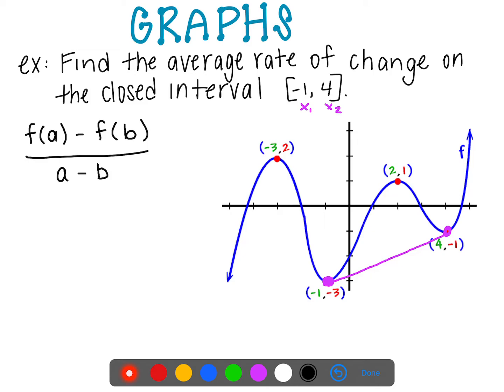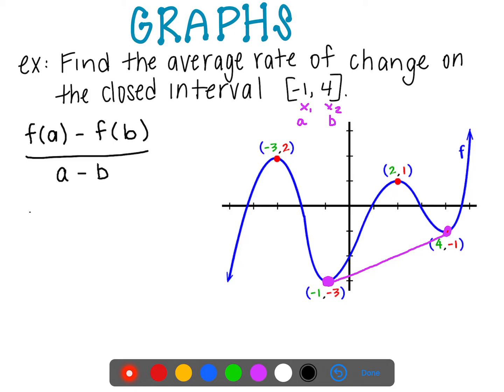And they already told me I have my first value and my second value. My first value is -1. My second value is 4. So all I'm going to do is go into my rate of change formula, replace my a's with -1s, and replace my b's with 4s.